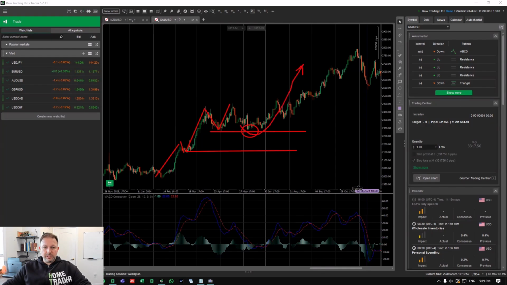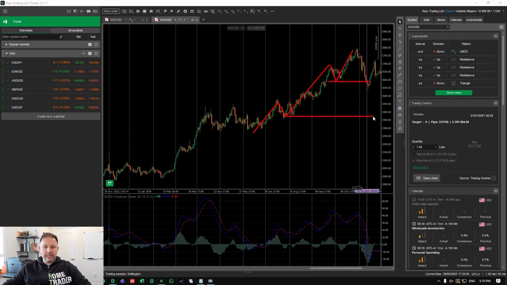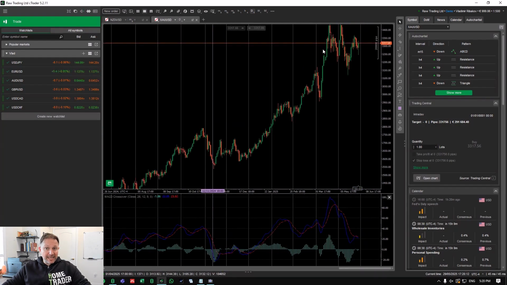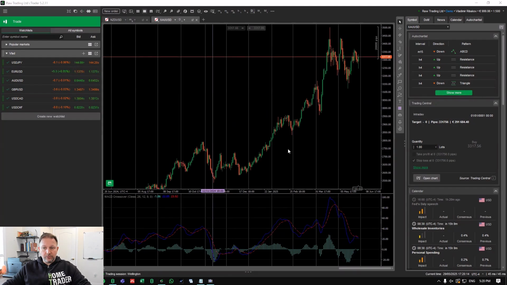Okay, so this is the first, and then of course we have another wave to the upside, higher highs, higher lows. So this low and this low are key lows in this trend. Once they are retested, this is my place to start looking for further opportunities to join a possibly ongoing trend.